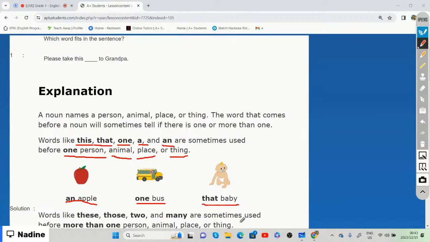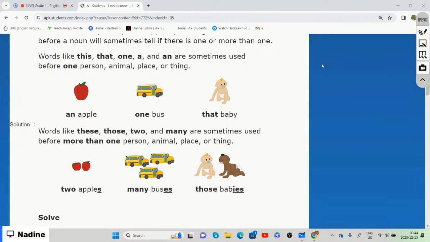That baby, right? So that baby means that we are referring to that one specific baby. And these are an indication that these are singular nouns.